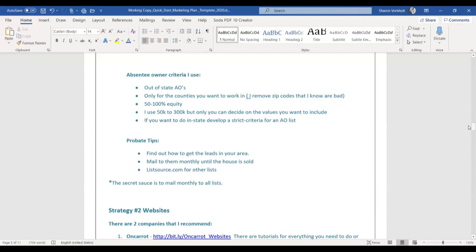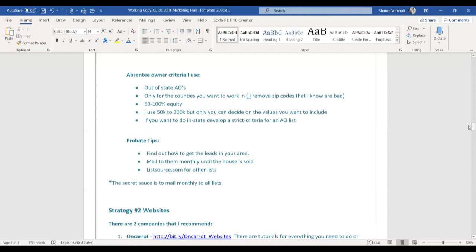So let's go back. I wanted to touch on this because I get a million questions on absentee owner criteria. If you're doing an absentee owner mailing, now I'm in Kentucky, which is a small state. If you are in a great big state like Texas, you don't necessarily have to go out of state to mail absentee owners. What I have found is that people have to be about 3 hours away for it to be a big enough pain in the butt factor for them to not want to fool with the house.